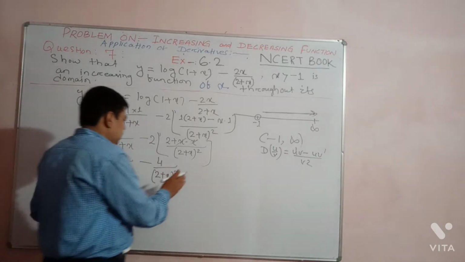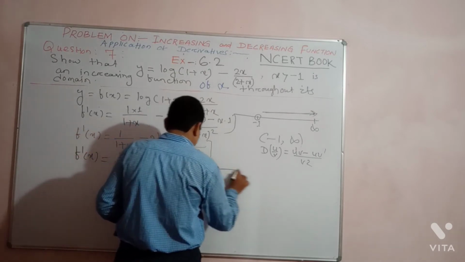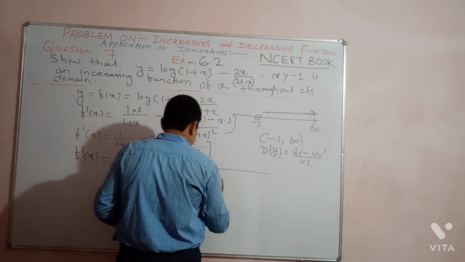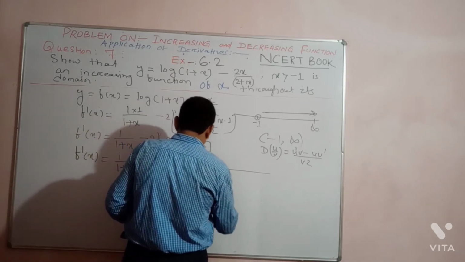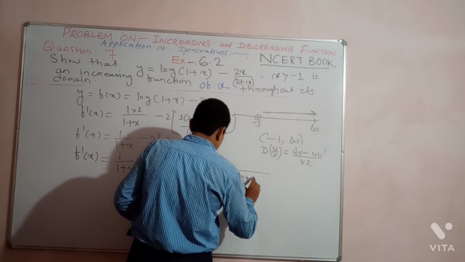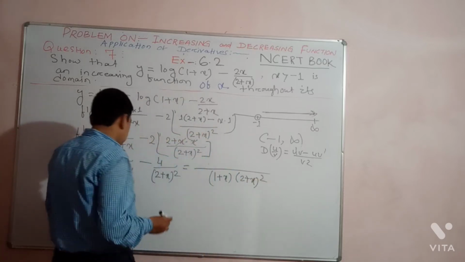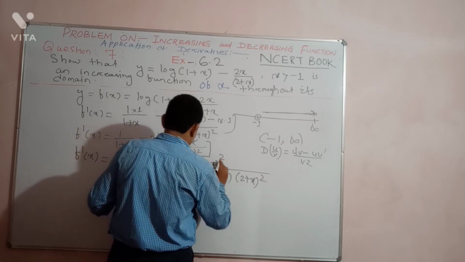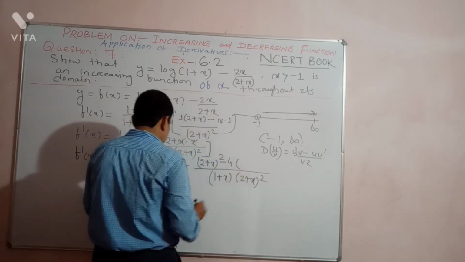Now let us take the derivative. Let us simplify by taking the LCM. Now the LCM is 1 plus x whole into 2 plus x whole square. And here it will be 2 plus x whole square minus 4 whole into 1 plus x.